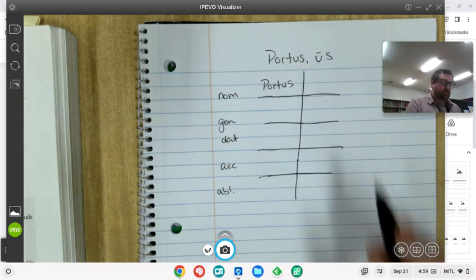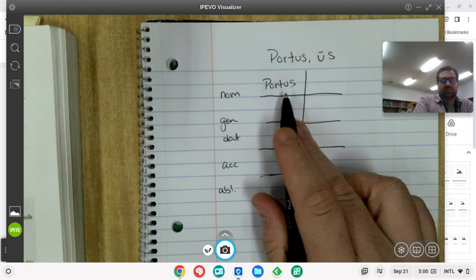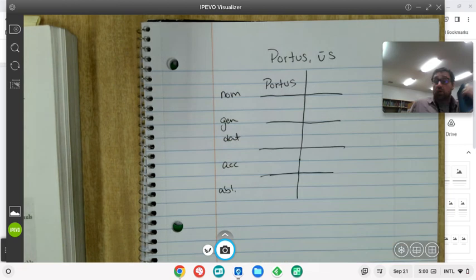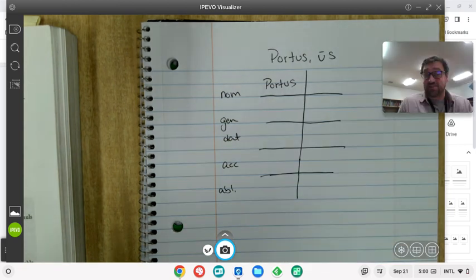Now, if you look at portus in the nominative, you might think, oh, this is a second declension masculine word, because we see us there.